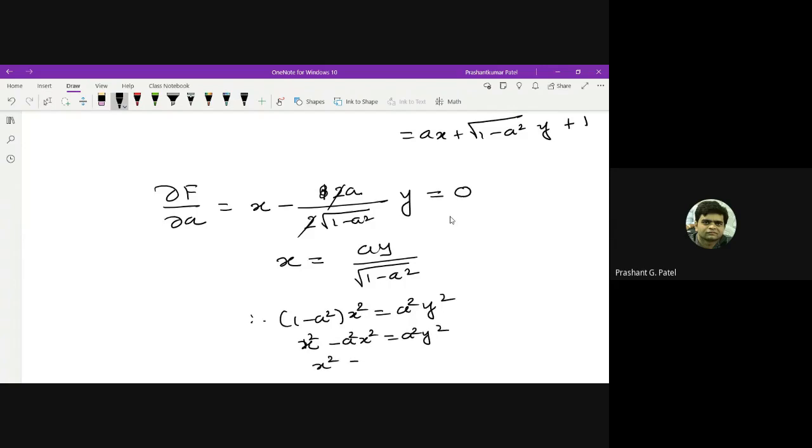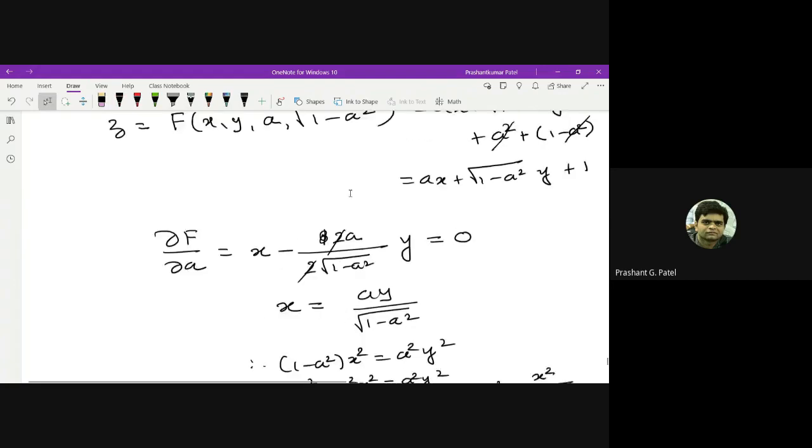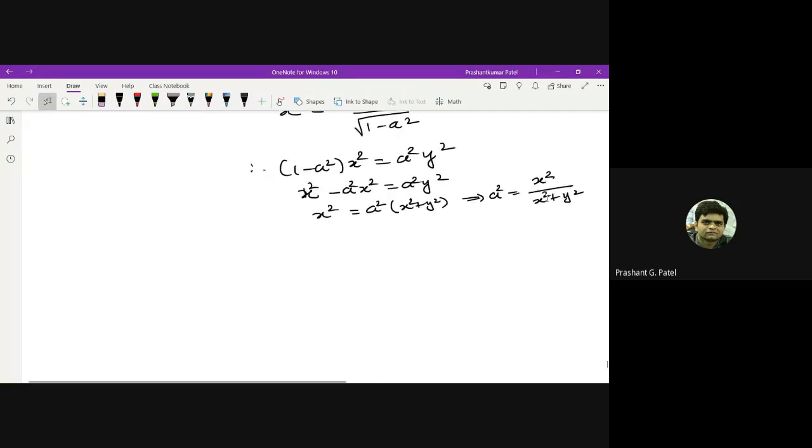So this is x square equal to a square, which will get common, x square plus y square. So we'll have a square will be x square upon x square plus y square. So the value of a, I can say it is x upon square root of x square plus y square.